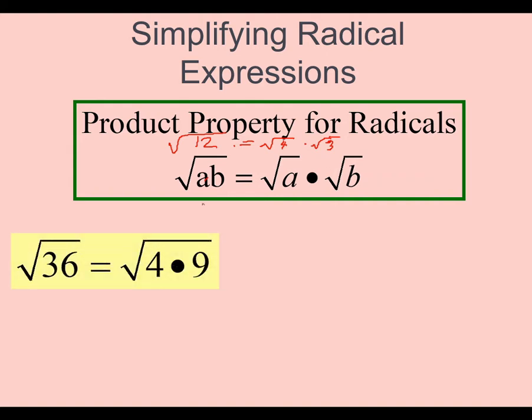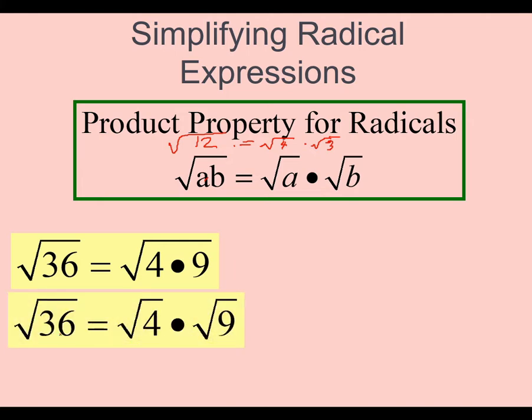Okay? So, example, square root of 36, it is equivalent to 4 times 9. So, pwede nating i-separate: square root of 4 times square root of 9. And then, it is also 2 times 3, which is 6.